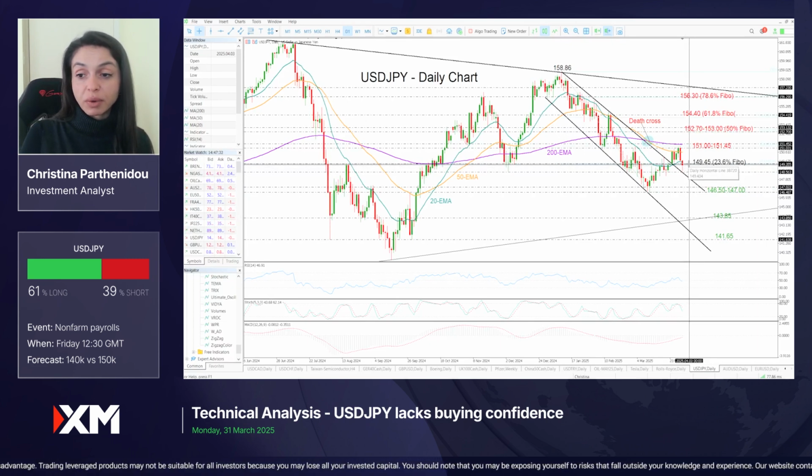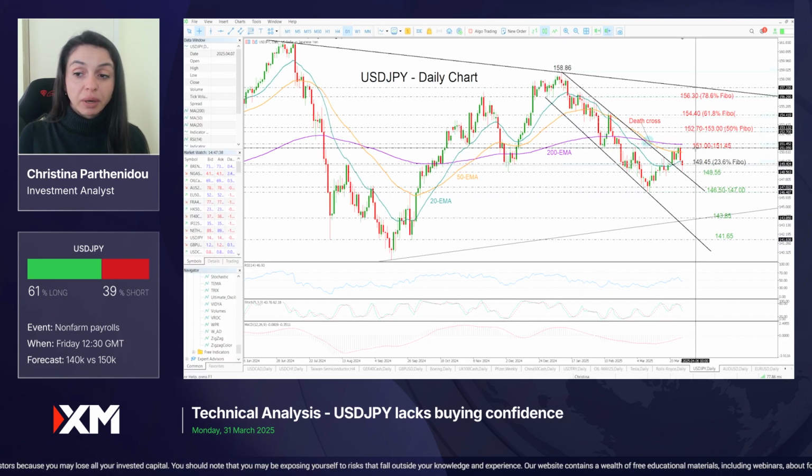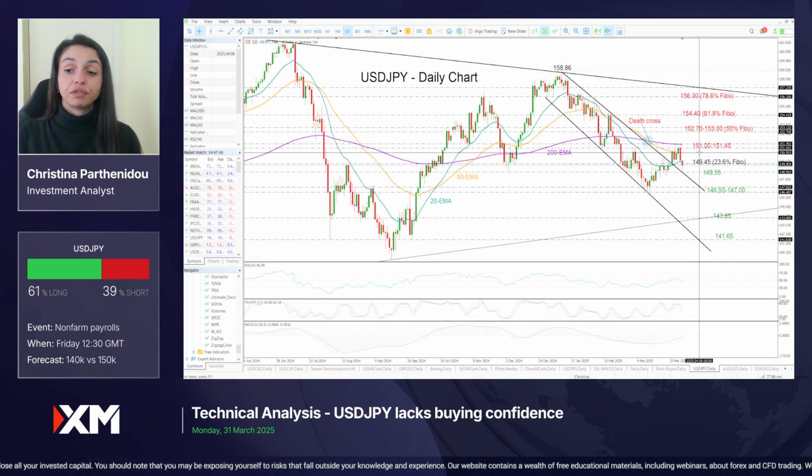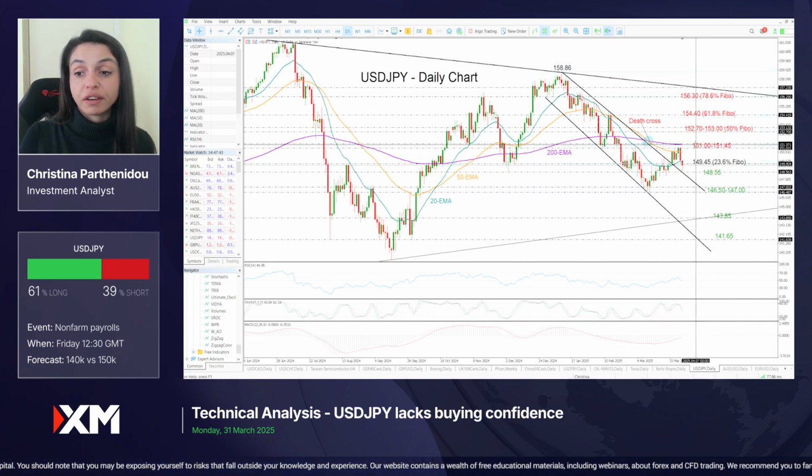However, if the price manages to hold above the 23.6% Fibonacci of 149.45, then I expect another test near the 151.45 zone, a break of which could take us towards the next barriers in between 152.70, 153.